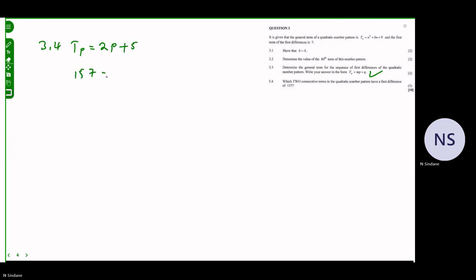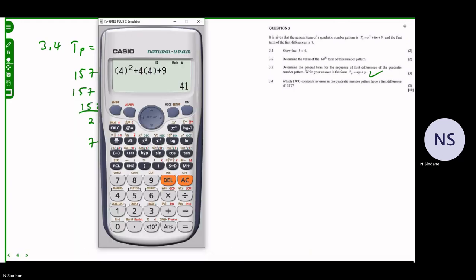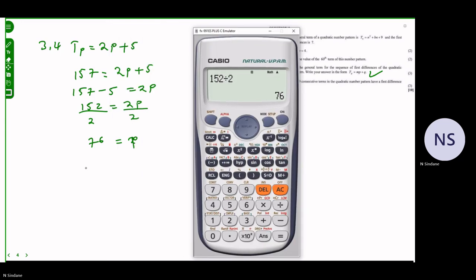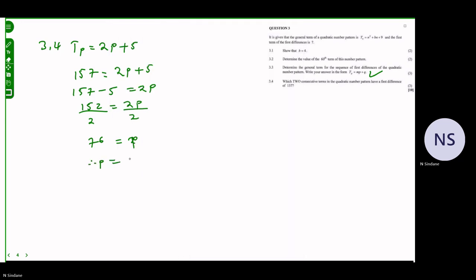So 157 equals 2p plus 5, and then 157 minus 5 is 152, which equals 2p. If I divide by 2 on both sides, p is equal to 76. Let me just confirm: 152 divided by 2 is 76. Therefore p is equal to 76.